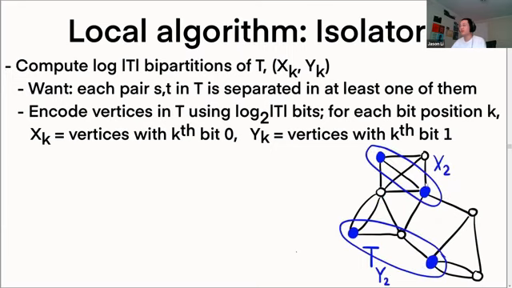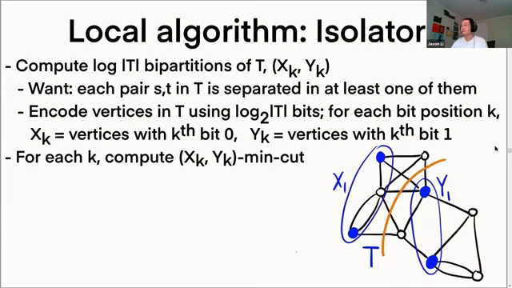These two bipartitions ensure that any two vertices s and t in T are separated in at least one of them. One deterministic way to do this is to encode the vertices in T in binary, and then for each bit position k, let xk be the vertices whose encoding has a bit 0 at the k-th position, and yk be everything else. This will work, but that's not the point. The point is we just want the separating property.